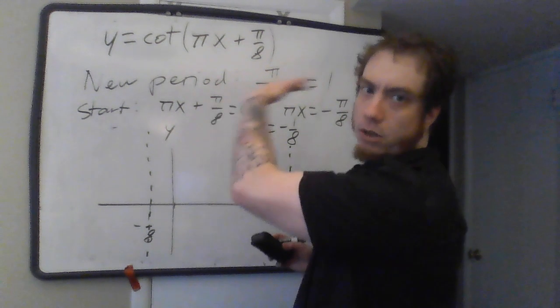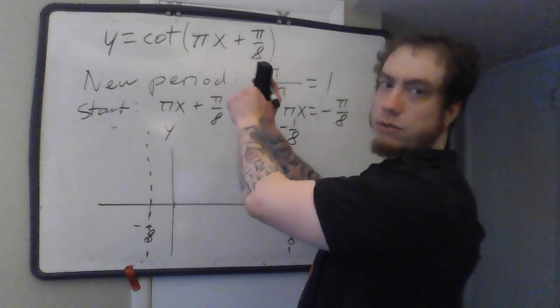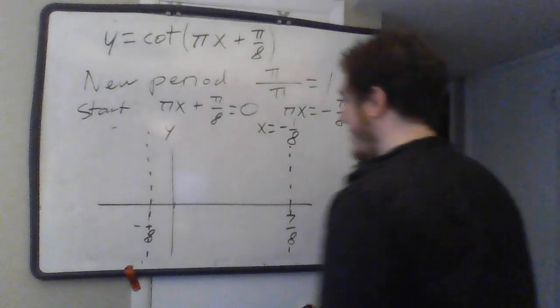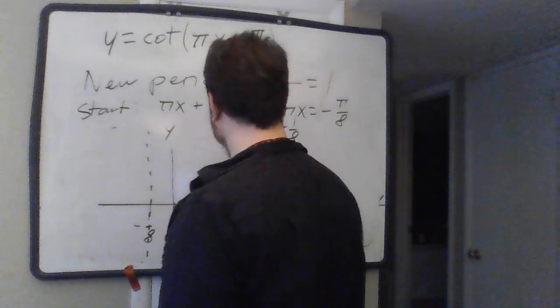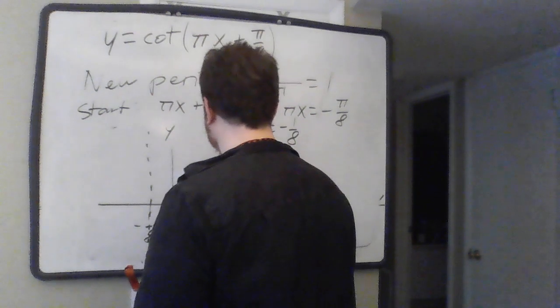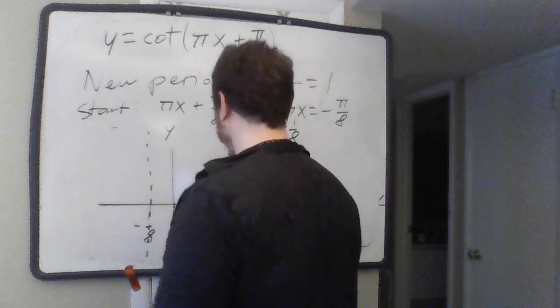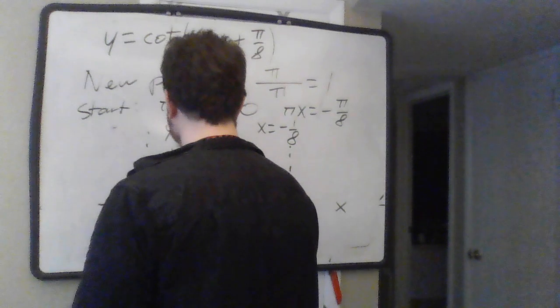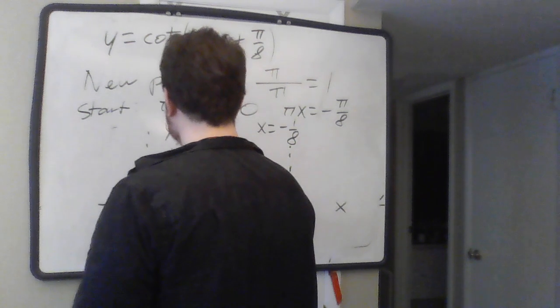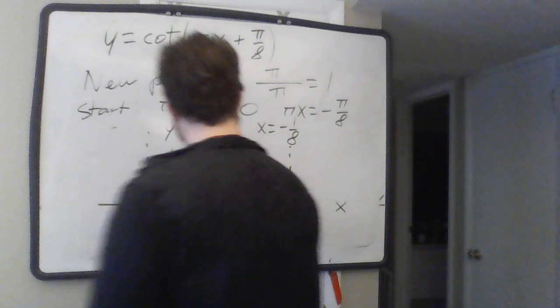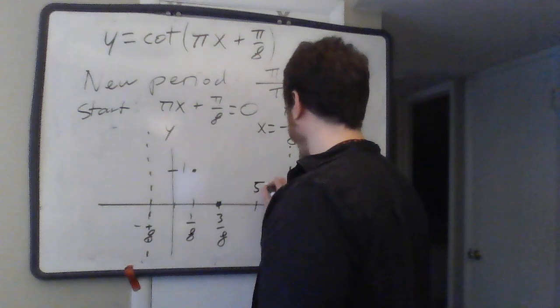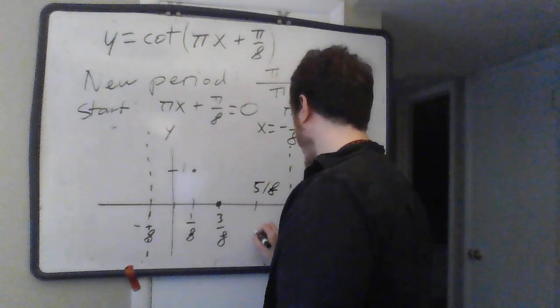So around an angle of 0, x is close to 1 and y is close to 0, so it's blowing up. Now, we know that halfway through here, which is going to be at the point 3/8, that is where we go through 0. And at 1/4 of the way through, that's going to be at 1/8. That is where we go through 1.